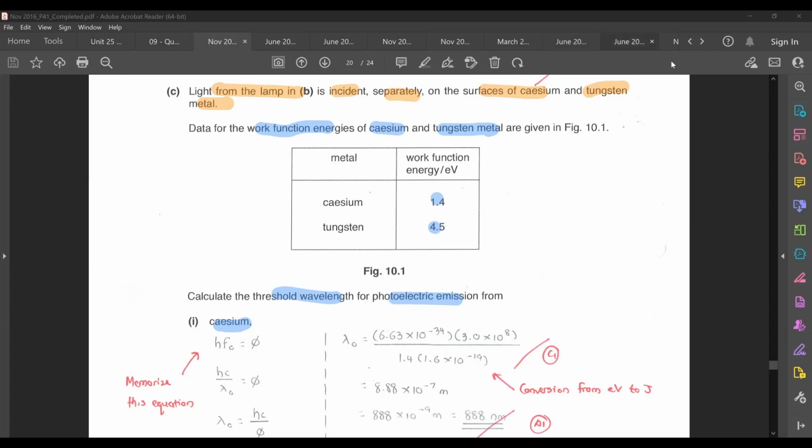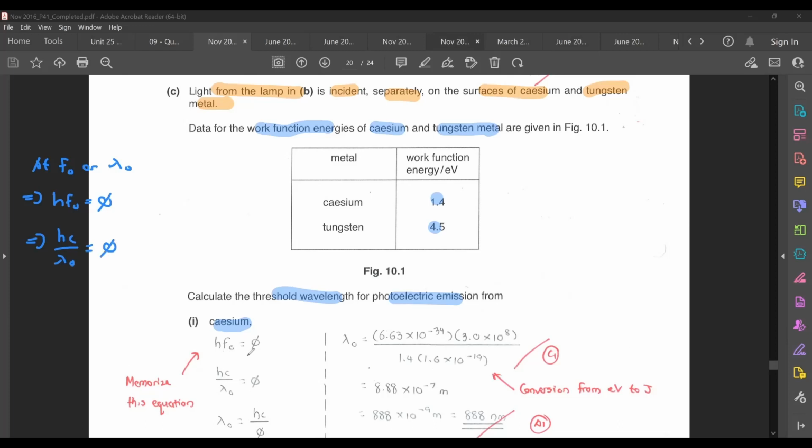So if you recall what I mentioned to you just now, at f naught or lambda naught, hf naught will be equal to work function energy. hc over lambda naught will also be equal to work function energy.